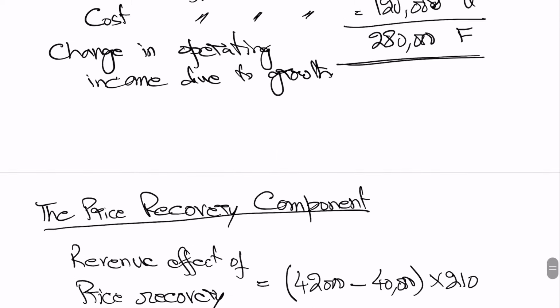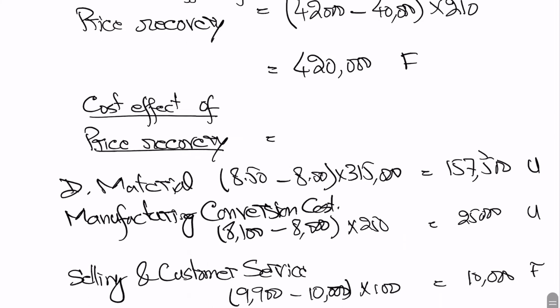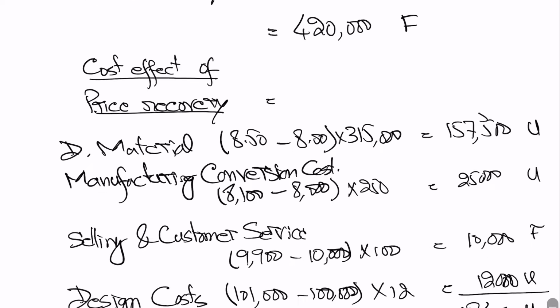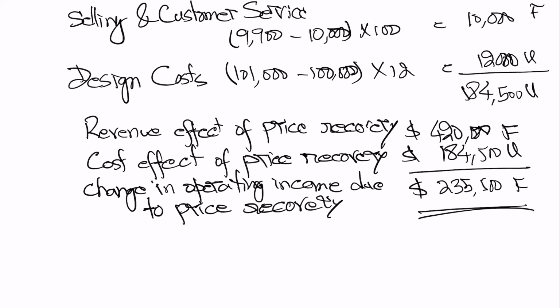So two elements are going to be favorable, this 280 and 235. If you add up 280 and 235, that's 515,500.